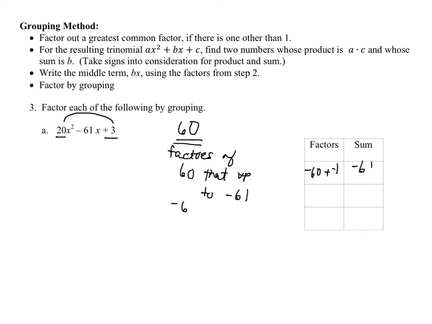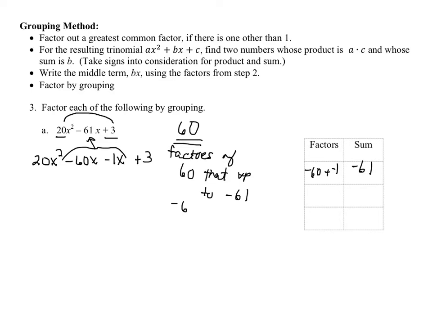That'll give me negative 61. I got that right away. This is just a listing, so if you need it. Cool? So now what we're going to do is write 20x squared and write in negative 60x, negative 1x, plus 3. Now you're like, what? Well, this part right here gives you negative 61x.